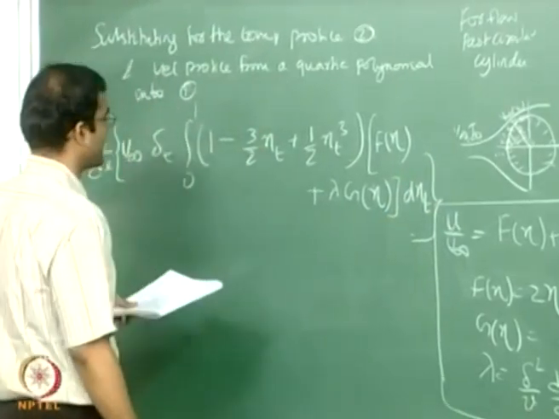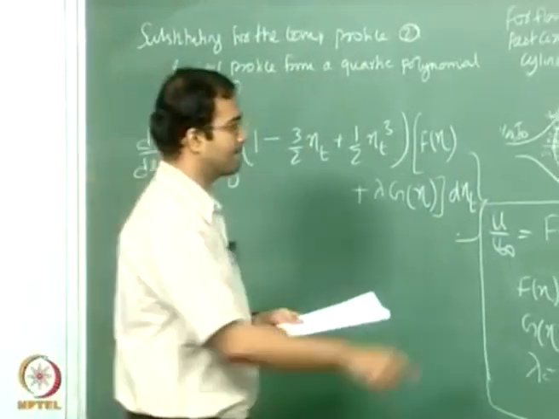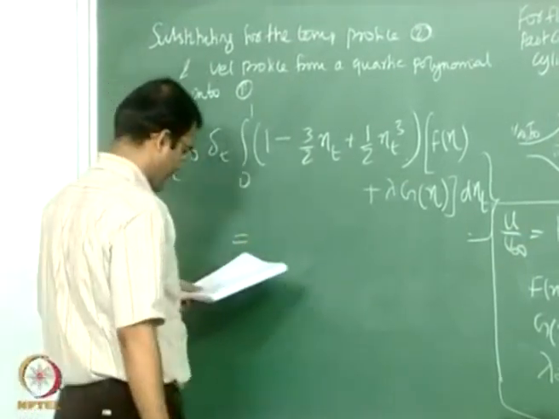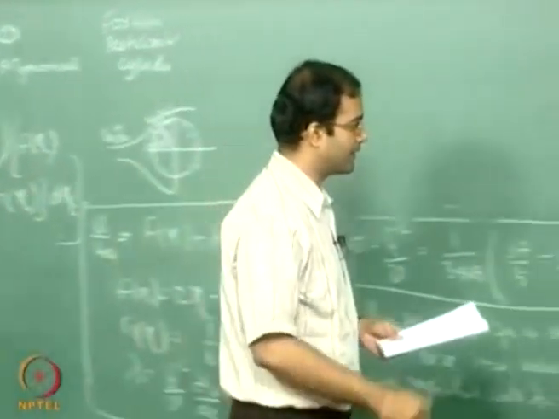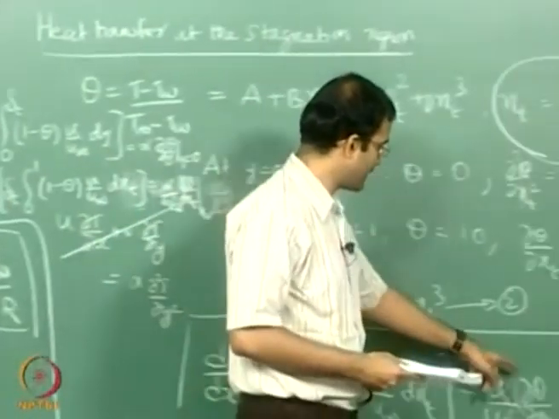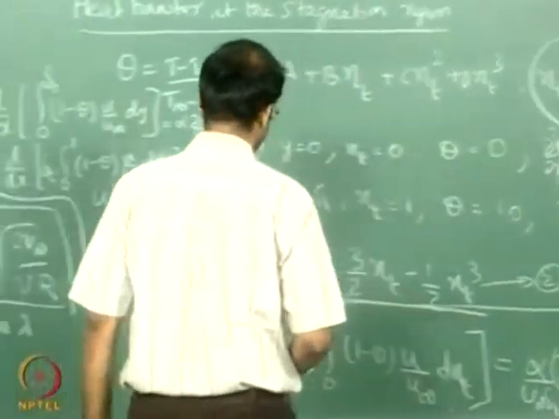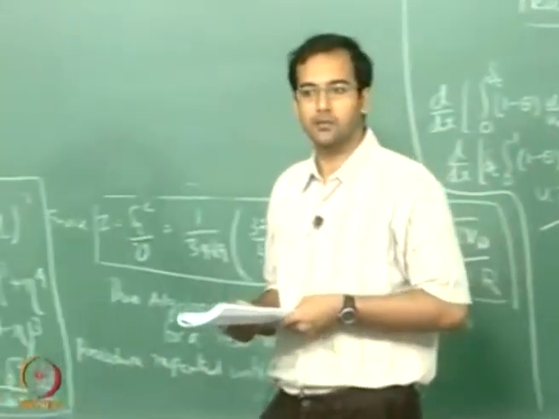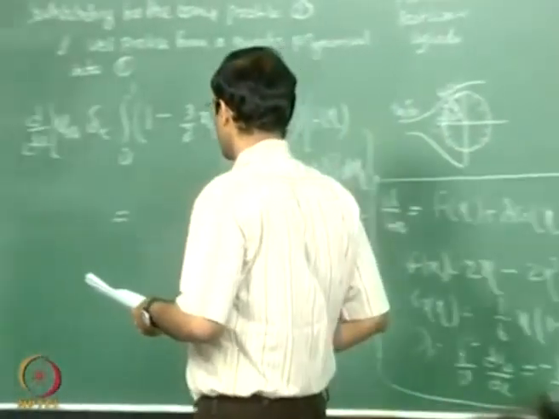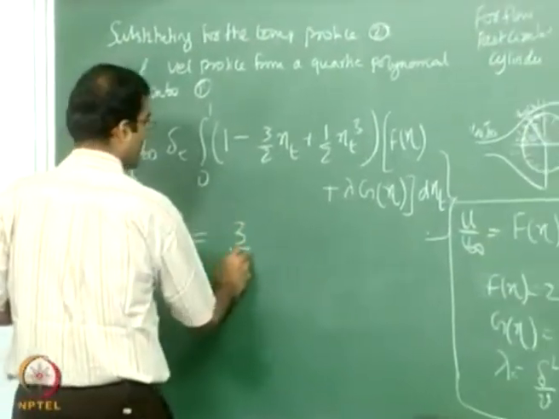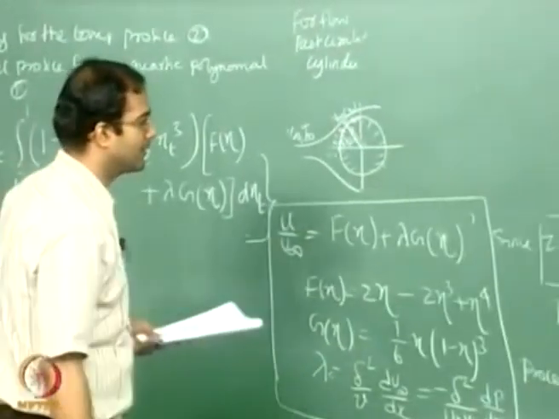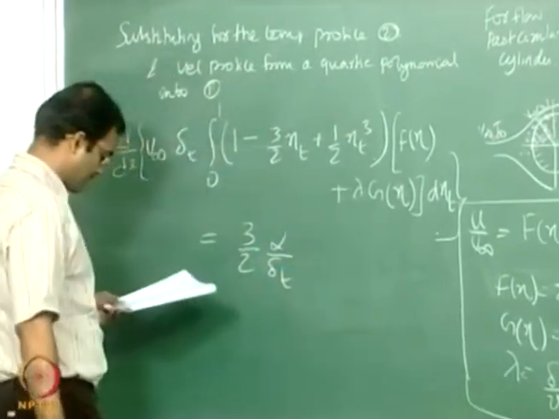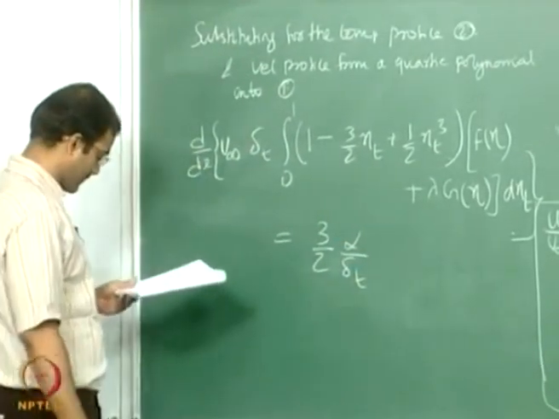So this is your left hand side basically. On the right hand side this will be equal to alpha by u infinity, I have taken to the left hand side, you have d theta by d eta t. So from this profile what is d theta by d eta t at eta t equal to 0? 3 by 2, and you have already alpha by delta t. So this will be your equation.